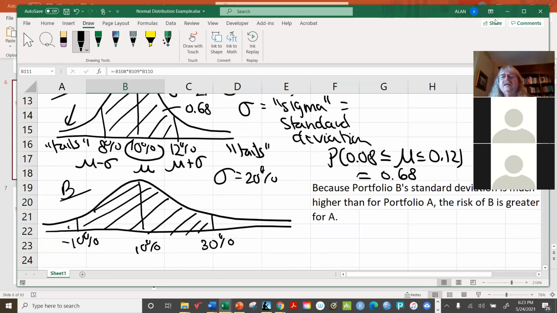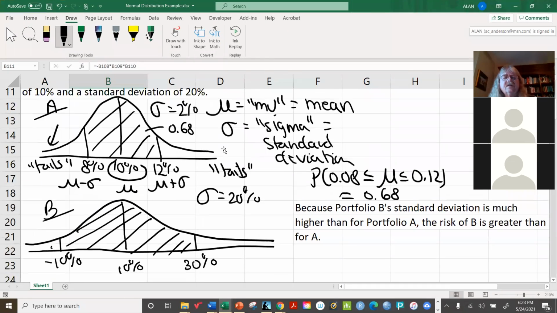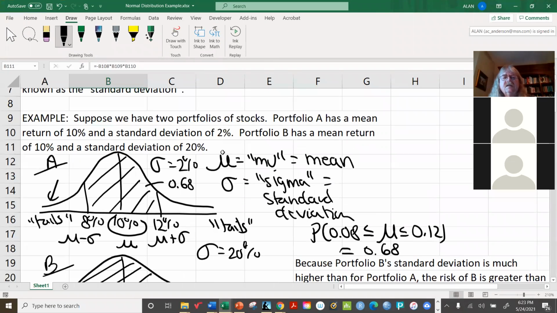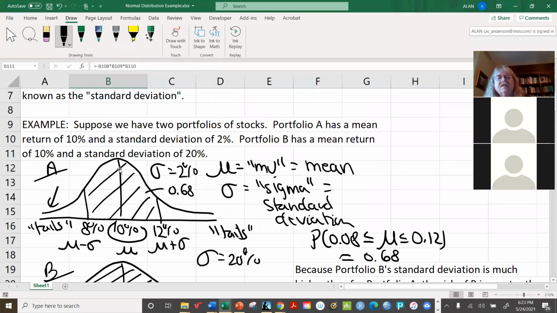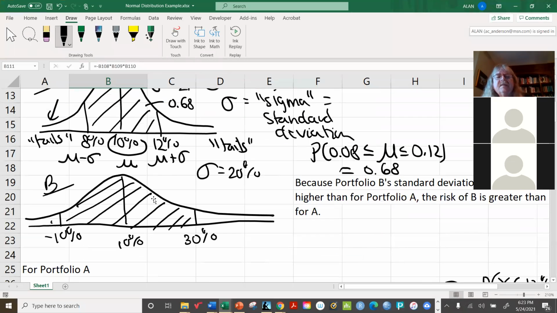Now, portfolio B is also normally distributed, and the mean is the same, 10%, but the standard deviation is 20% instead of 2%. So that means the returns are very far spread out from each other. And in fact, for this portfolio, this is the mean. This is one standard deviation above the mean.